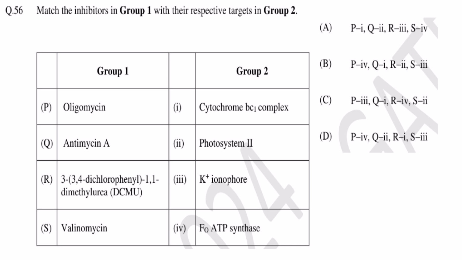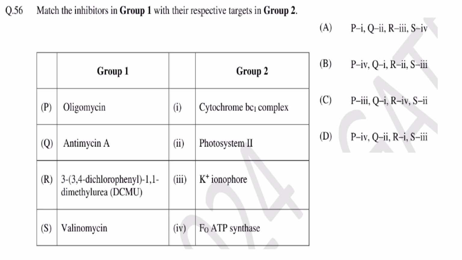Then next one. Match the inhibitors in group 1 with their respective targets in group 2. So oligomycin is for ATP synthase. So P4. P4, okay, B we can see, and D, A and C we need not take into consideration. Antimycin A is cytochrome BC1 complex.